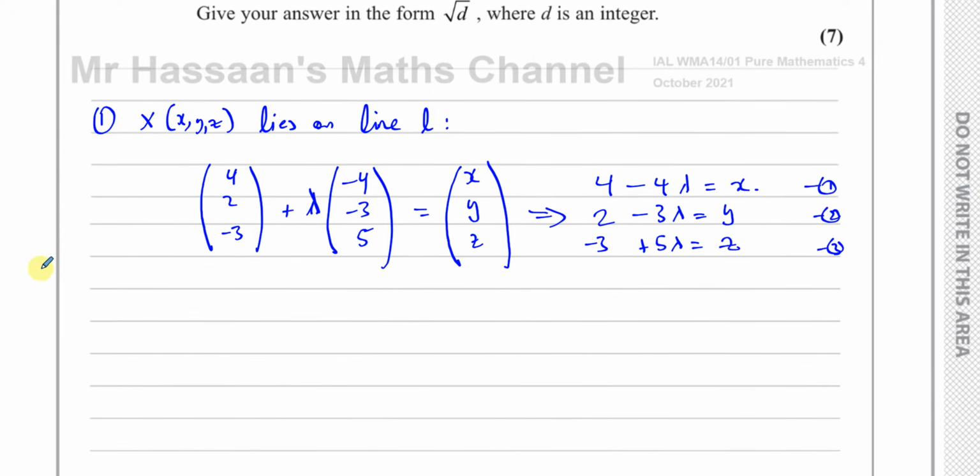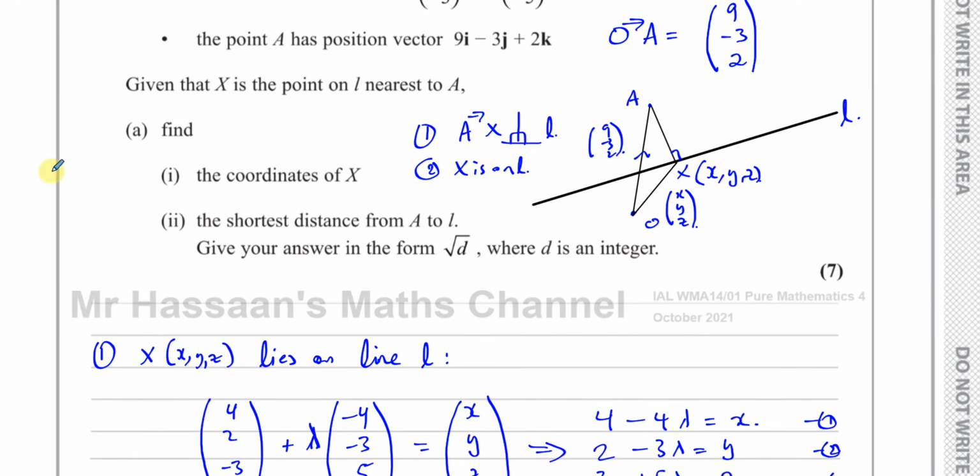L. Now the other fact we're going to use is that the vector from A to X is perpendicular to the line L. So first of all, we've got to find what A to X is. Now A to X is this vector here, which you can say is OX minus OA.